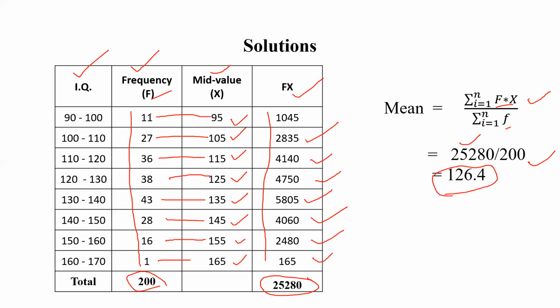So according to the question, if we are taking IQ level or systolic blood pressure, we can say that on average the systolic blood pressure is 126 in the given data set. So this is the simple way to calculate the mean for grouped data sets.